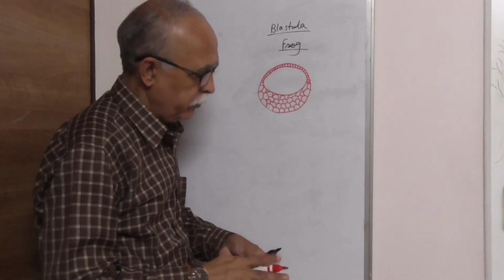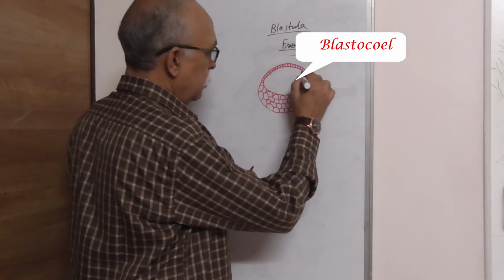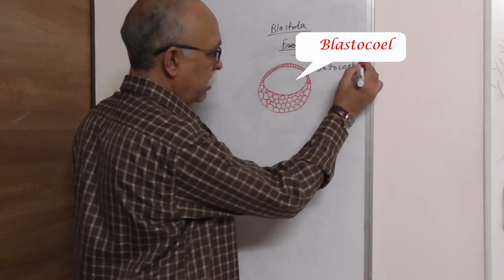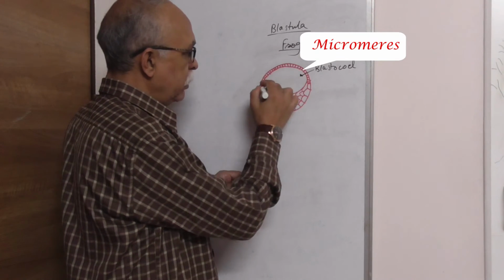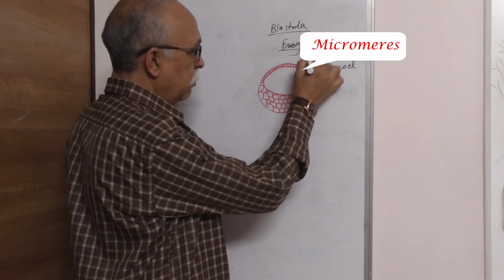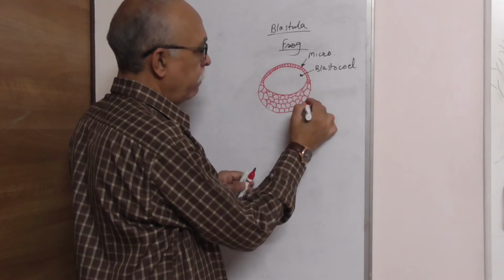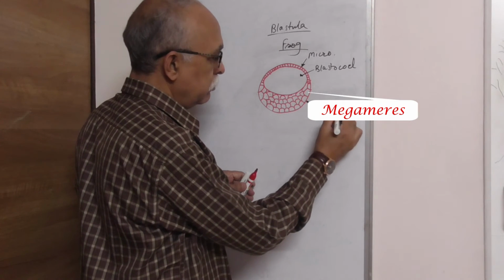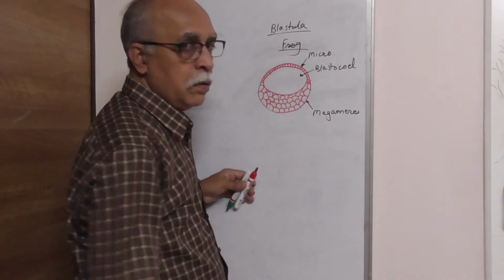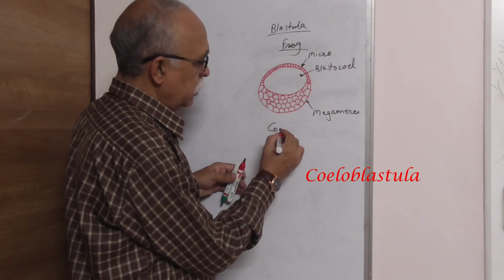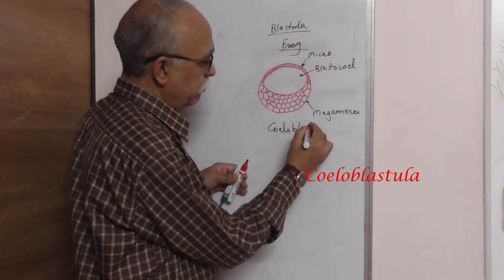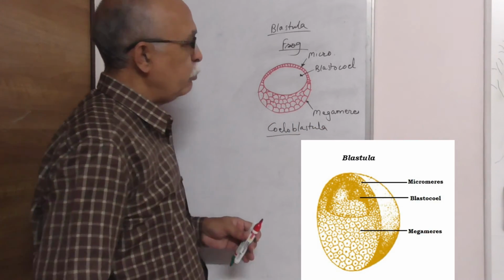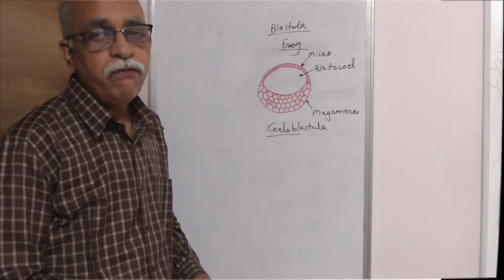The blastocele cavity of the blastula is covered almost on 3 sides by micromeres, and the 4th side, the floor, is made up of megameres. Mind well, this is also a coeloblastula. A large cavity is there. So this is what you will see as the blastula stage in a frog.